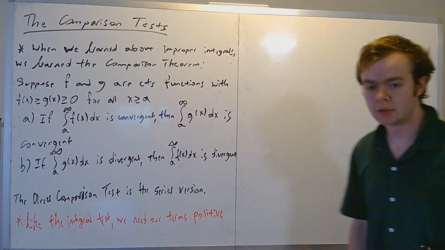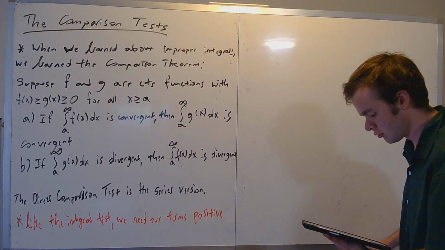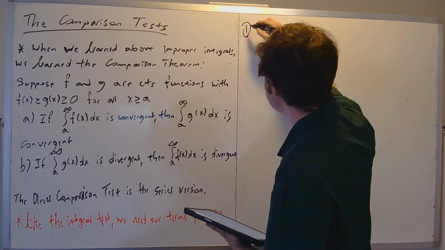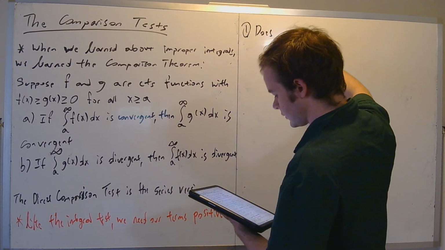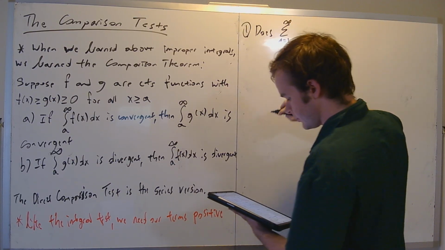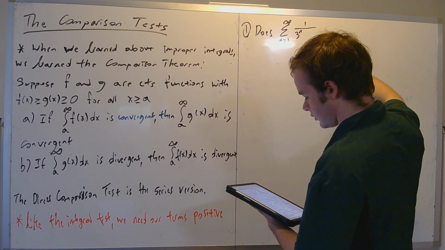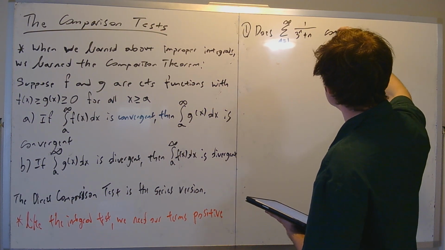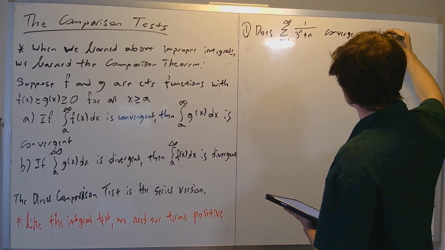Okay, right, so we just need to be careful of that, but let's go through an example. So example number 1 is going to say, does the sum from n equals 1 to infinity of 1 over 3 to the n plus n converge or diverge?